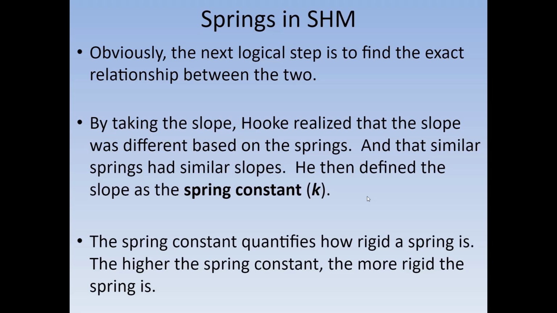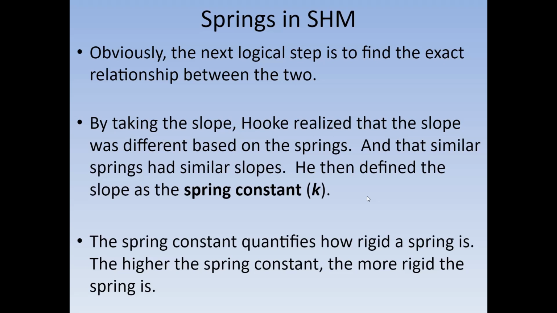So the reason we say that a higher spring constant means that the spring is more rigid is that if you have a spring constant of, let's say, 100 newtons per meter, it means that every meter you want to stretch the spring, it requires an additional 100 newtons. You apply 100 newtons, it will stretch a meter. You apply an additional 100 newtons, it will stretch an additional meter.